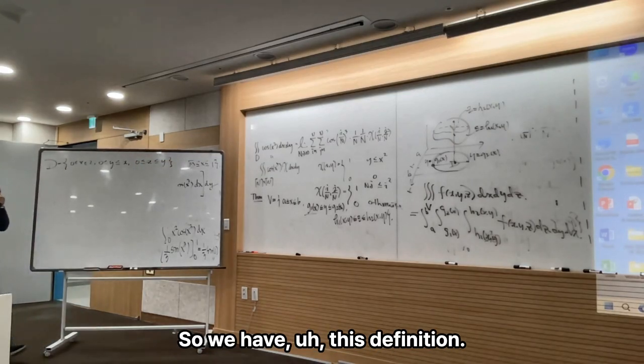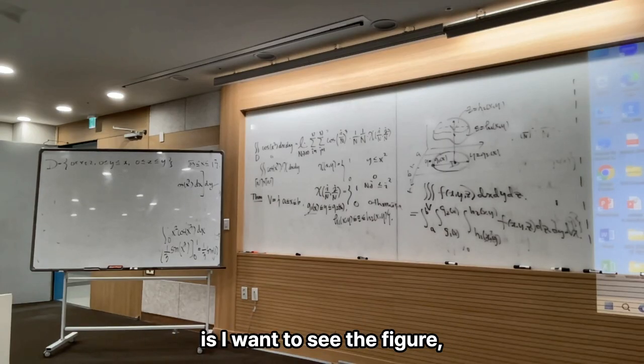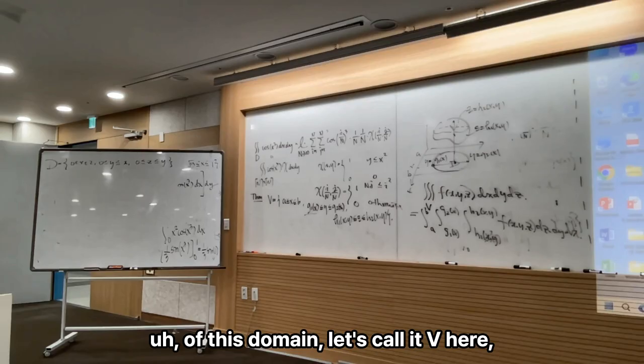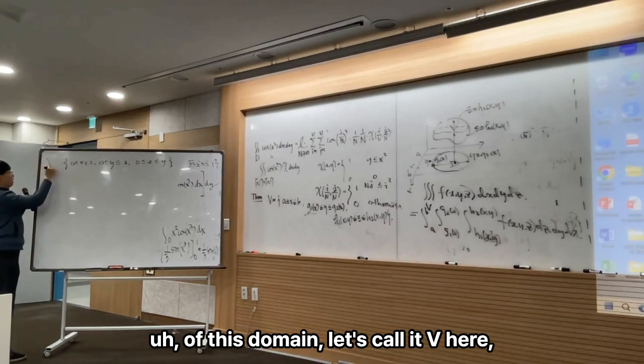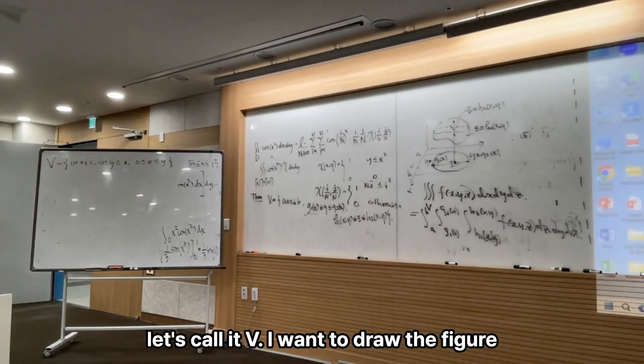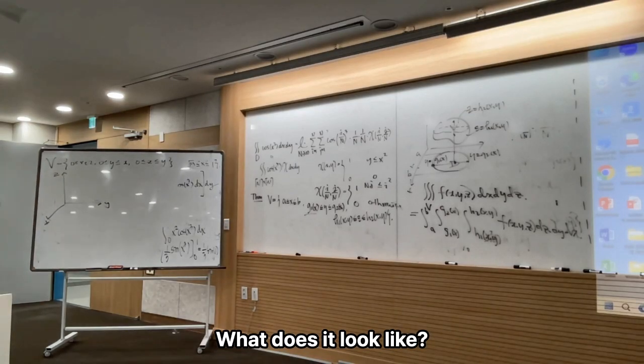Okay, so we have this definition. I want to change the order of x, y and z. So what I need is I want to see the figure of this domain, let's call it V. And I want to draw the figure of this domain V in 3 dimensions. What does it look like?